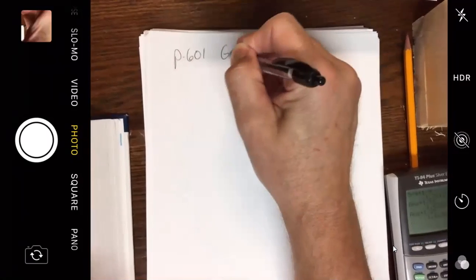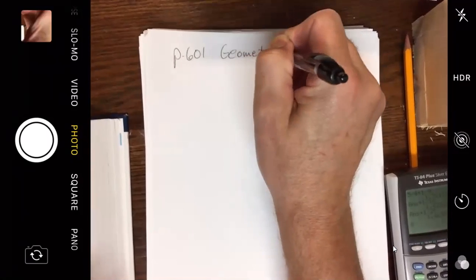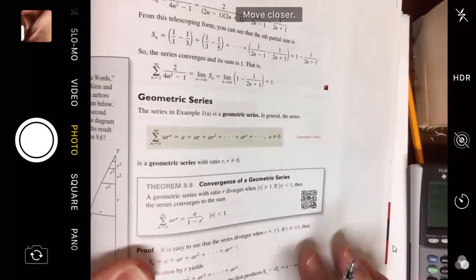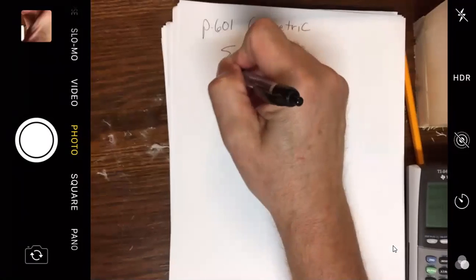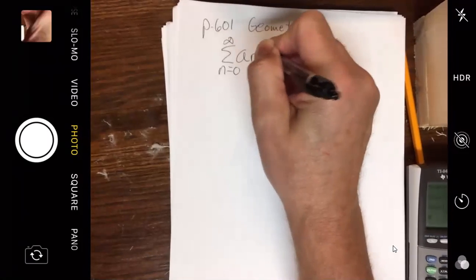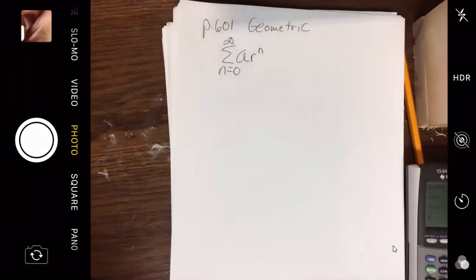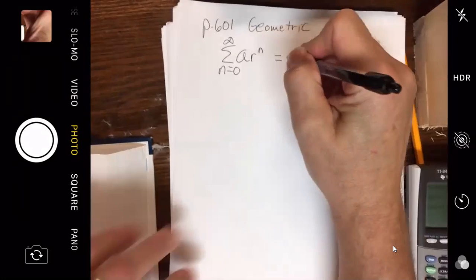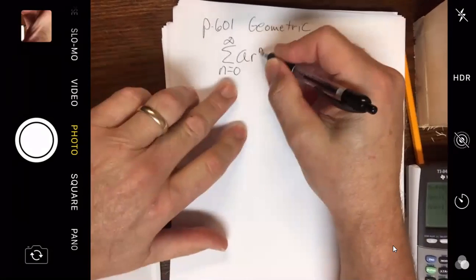Section 6.1, geometric series. And it goes as a sum, and they start this one at n equals 0 to infinity of a r to the n. I'll write it out. Because n is 0, your r to the 0 would be 1.